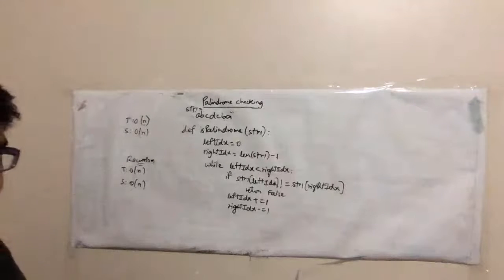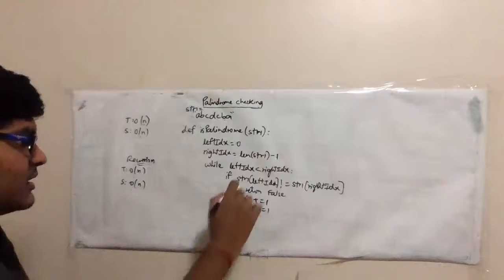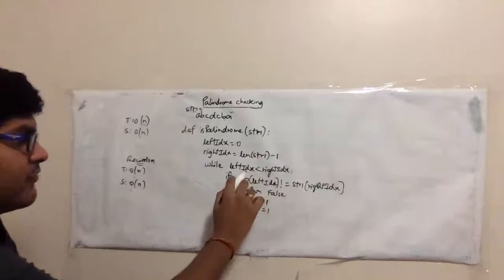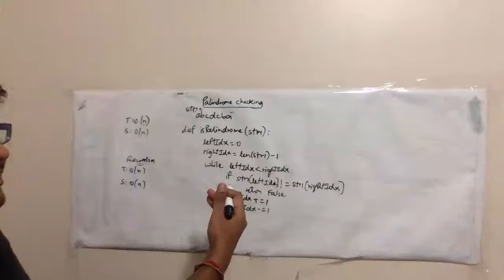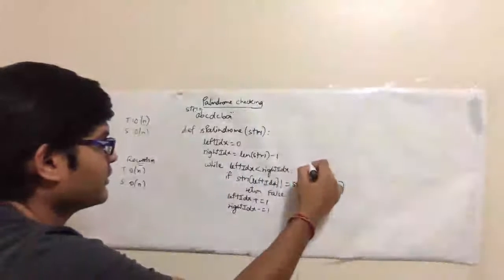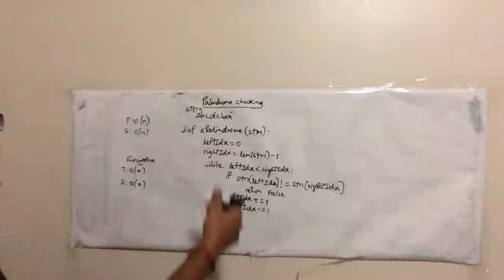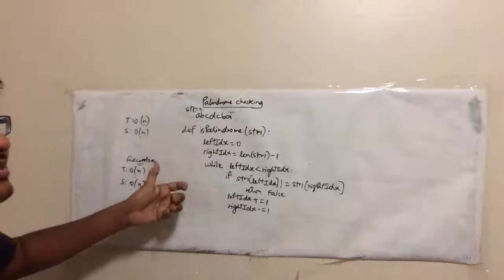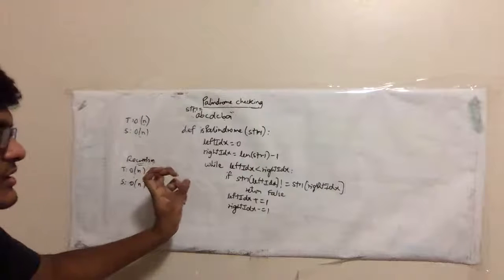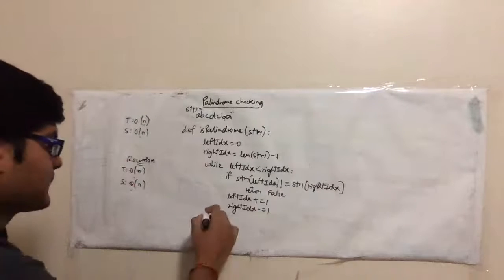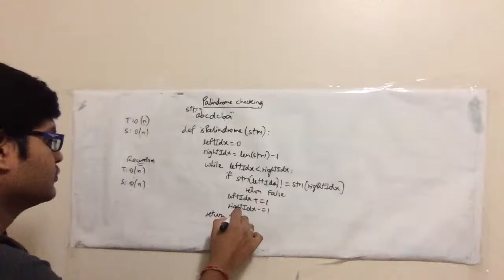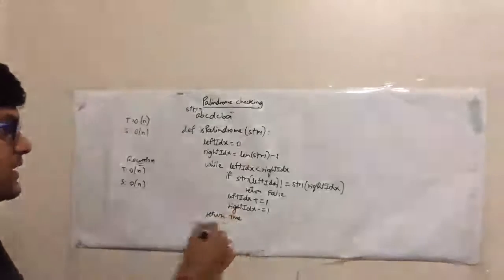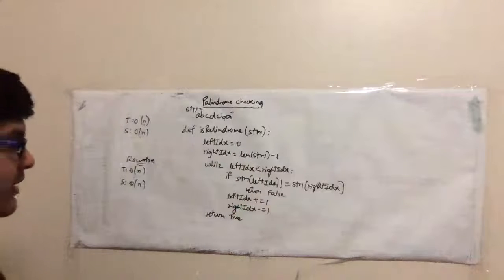And at the point where the left index becomes greater than or equal to the right index, that means all the checks have been completed and the characters were equal. So then you just need to return true, stating that the given string is a palindrome.